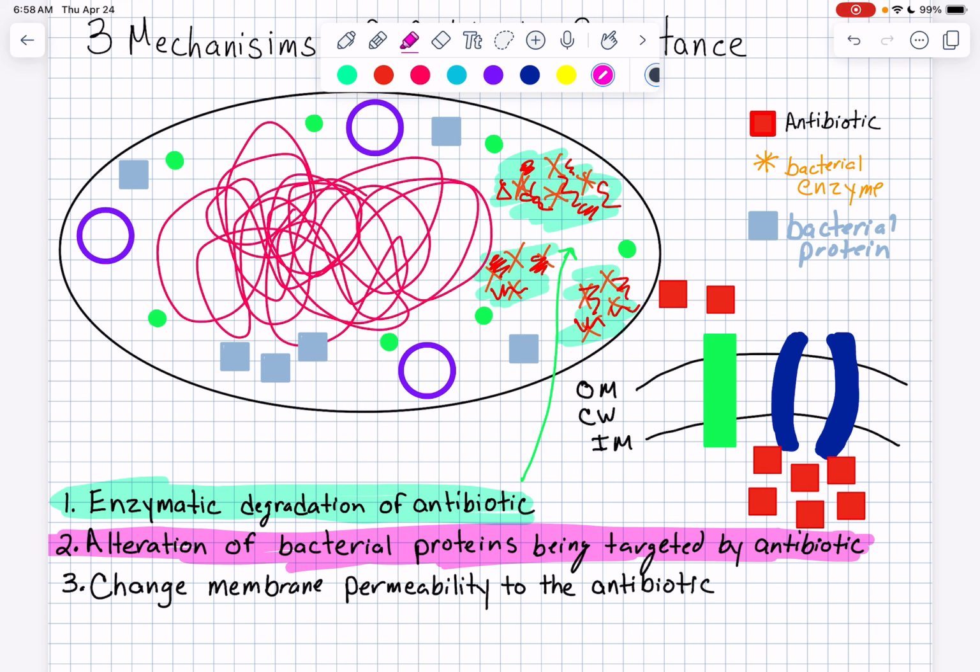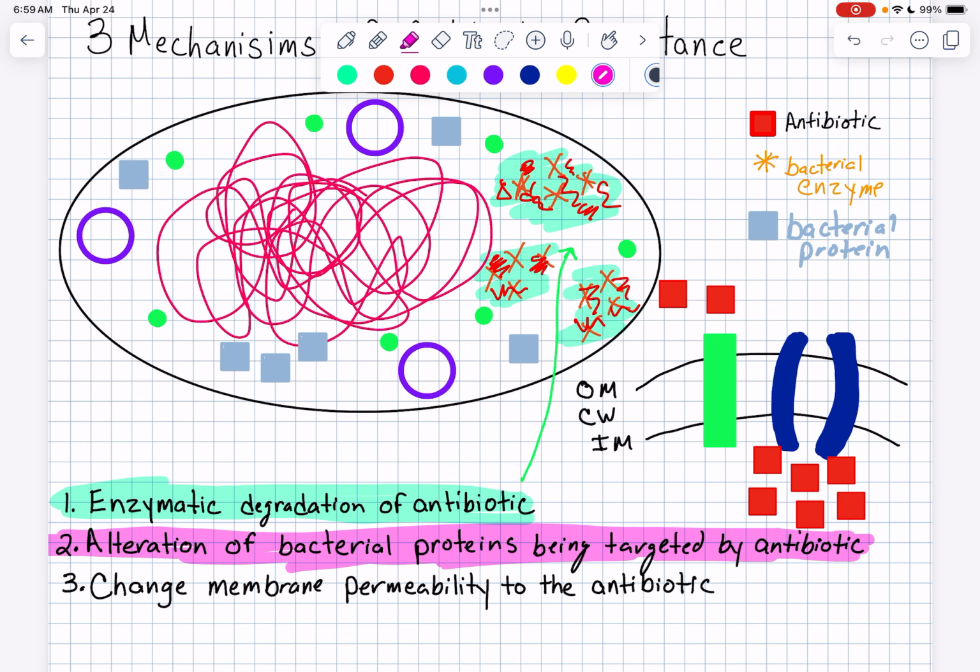We learned in the immune system notes that it's the protein tags on the outside of the cell that get recognized. The antibiotic will recognize the proteins on the outside of the cell, enter the cell, and then there are bacterial proteins within the cell that it specifically targets. It specifically forces them to malfunction.